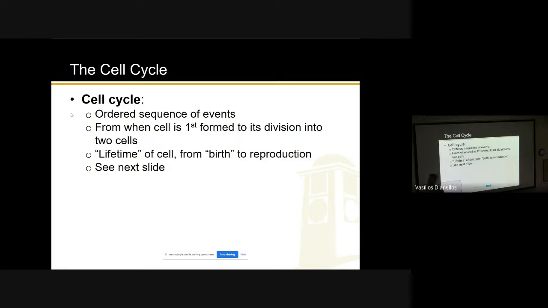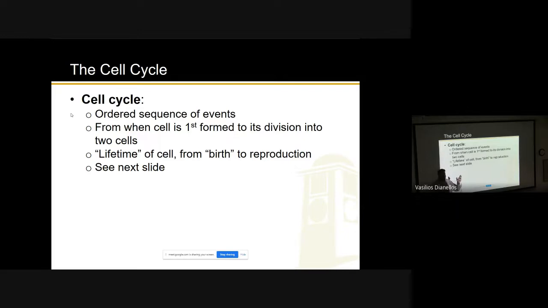You might consider it the lifetime of a cell, which is a little bit confusing because we think of things as humans. And for a human, the life cycle is, we consider it from birth to death, right? Or some people might consider it from conception to death, whatever. But here, it's from birth to reproduction. Because remember, when a cell reproduces, as we talked about last week, it goes from that one cell and splits off into two, right?